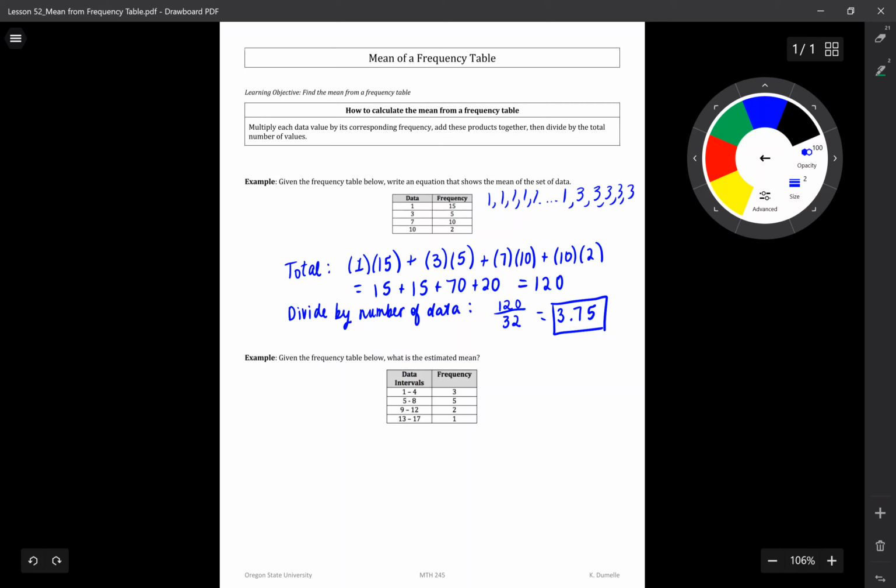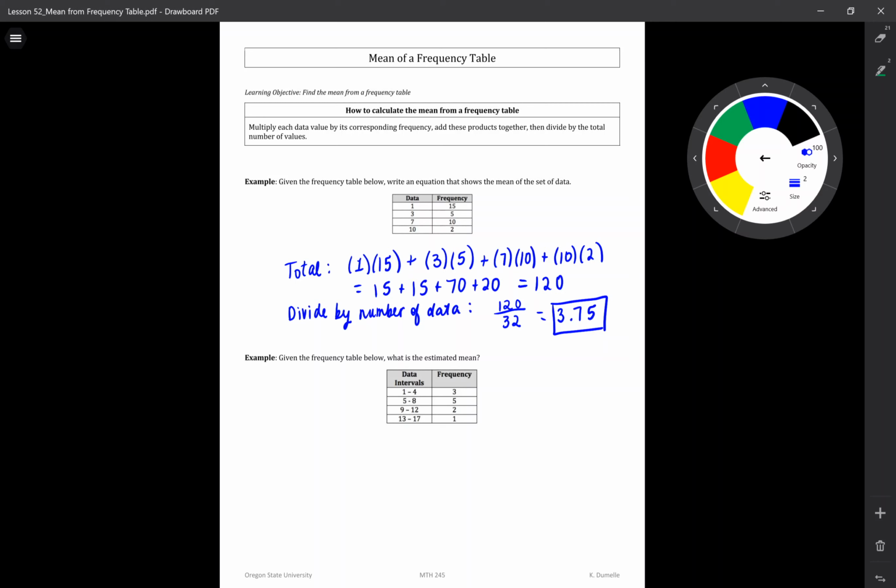You could list them all out, add them all together, and then divide by the total number. But that is essentially what we're doing here, right? We are taking 1 15 times, 3 5 times, 7 10 times, and 10 twice, and then dividing by the total number of data values that we have. Remember, this is the mean, not the median, so we don't have to do all of that crossing out business. We just divide by the total number of data points.